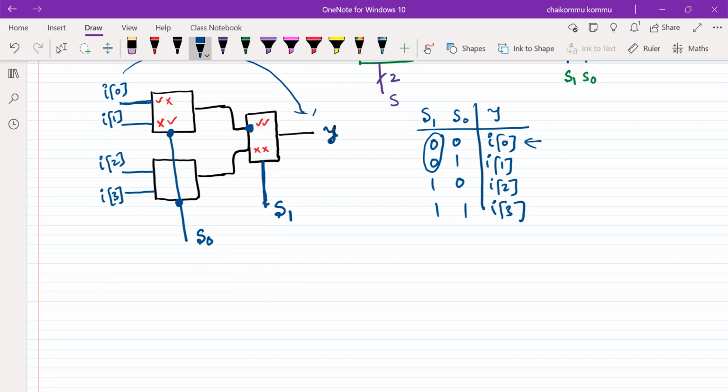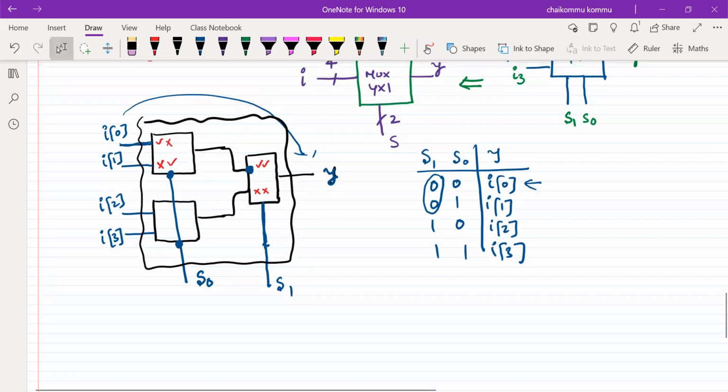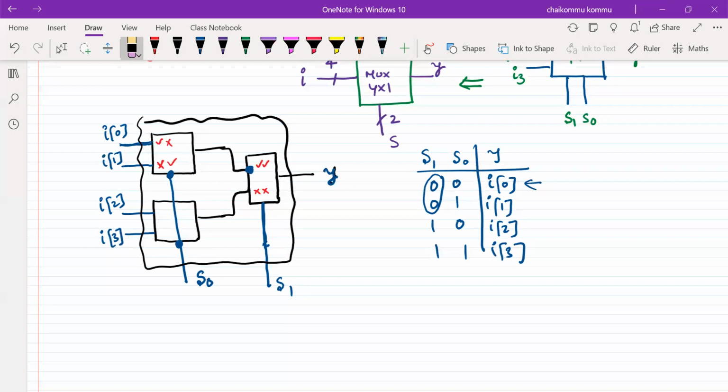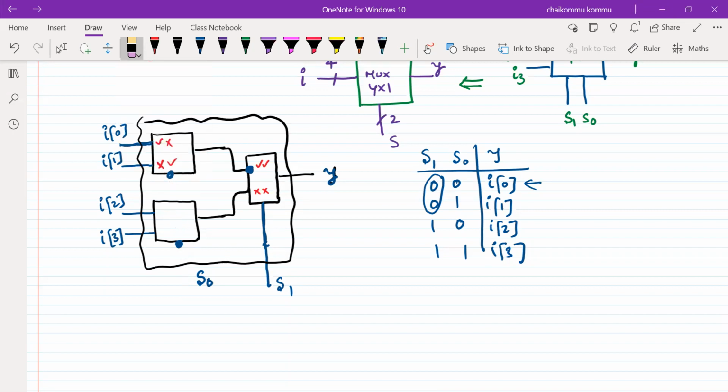Fine. So the design is completed, but I want to describe it by using Verilog programming. Okay. So therefore, this is what is inside your module. Now I need to describe this one. So what is the first step I need to do? I have to write the Verilog program. Without any complexity, I want to remove this one.